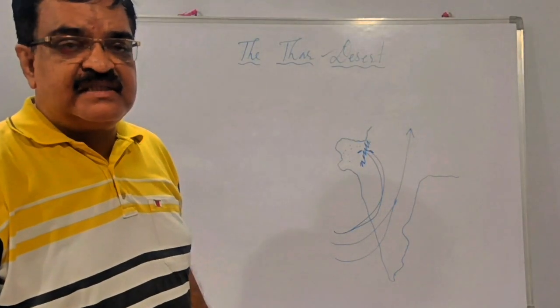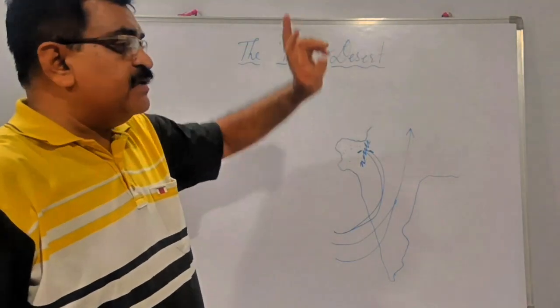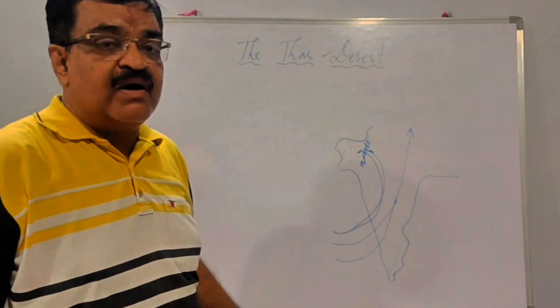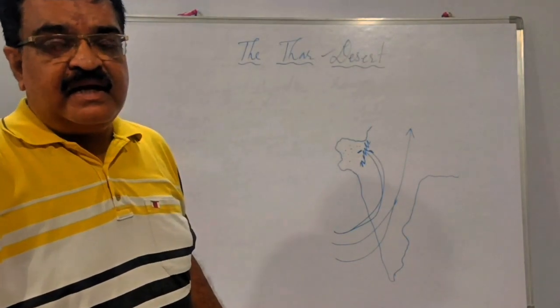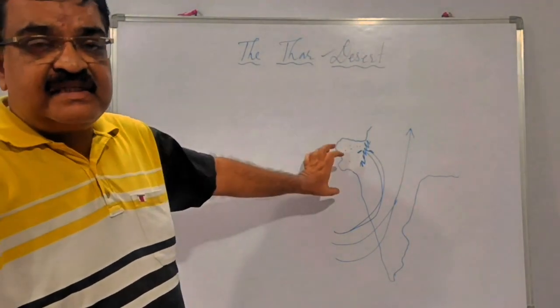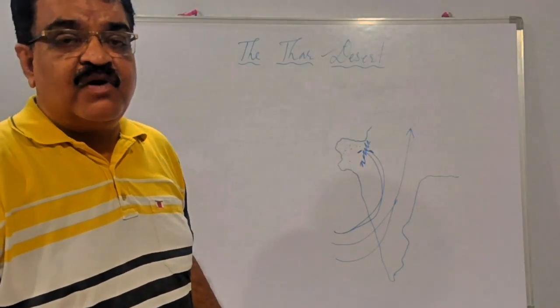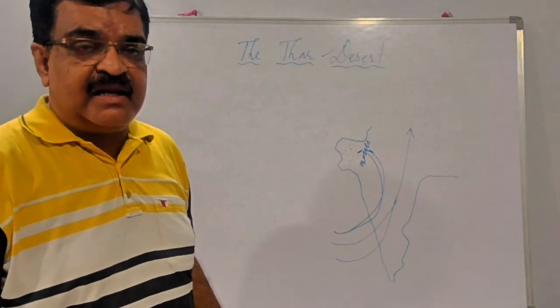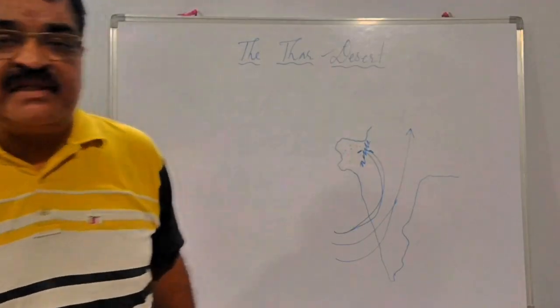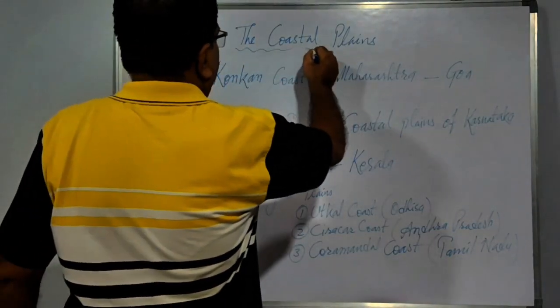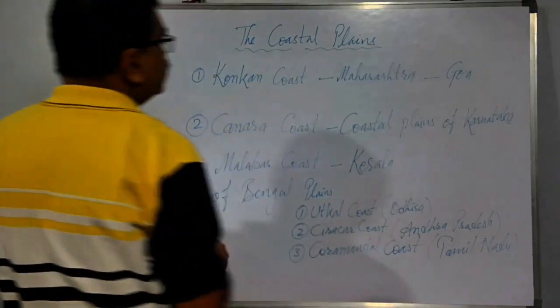So the desert region totally consists of sandy region, and river Luni provides water in the desert region, and the desert region is very famous for the breeding of camels. The next relief feature among the relief features of India is the coastal plains.